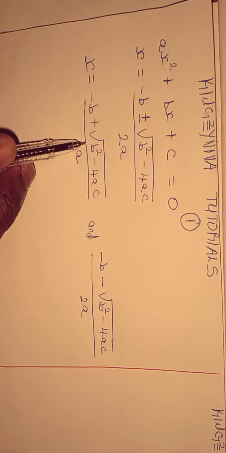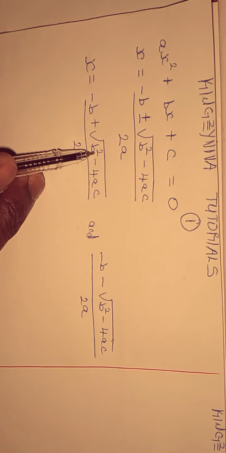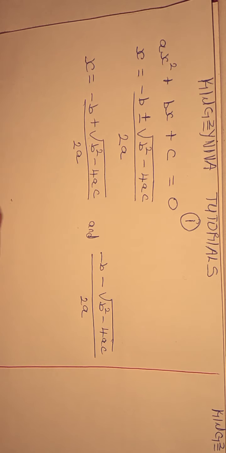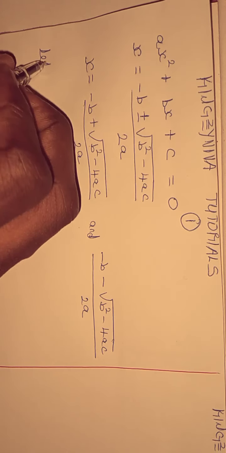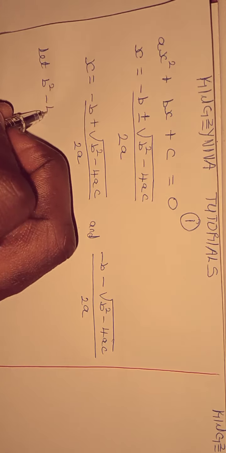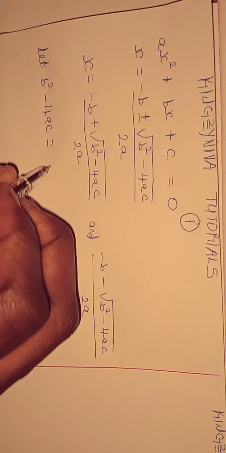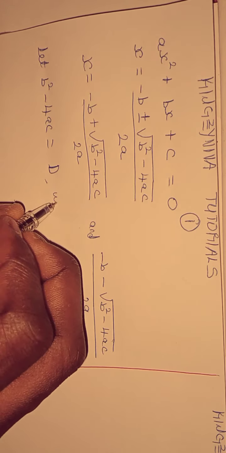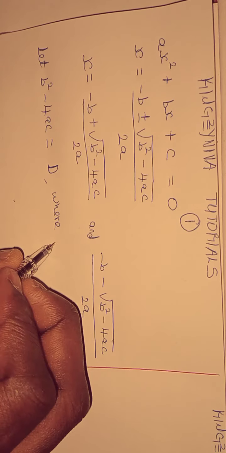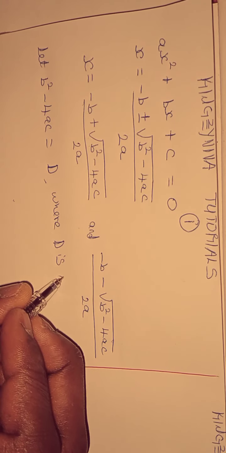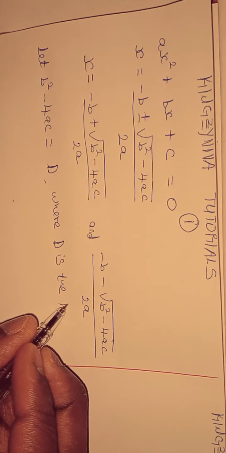We'll replace this b square minus 4ac by d. So we can say let b square minus 4ac be equal to d, where d is the discriminant.